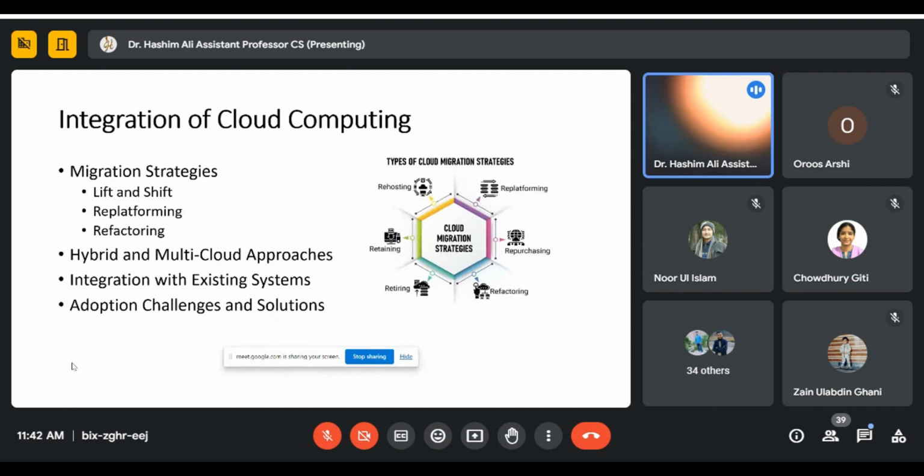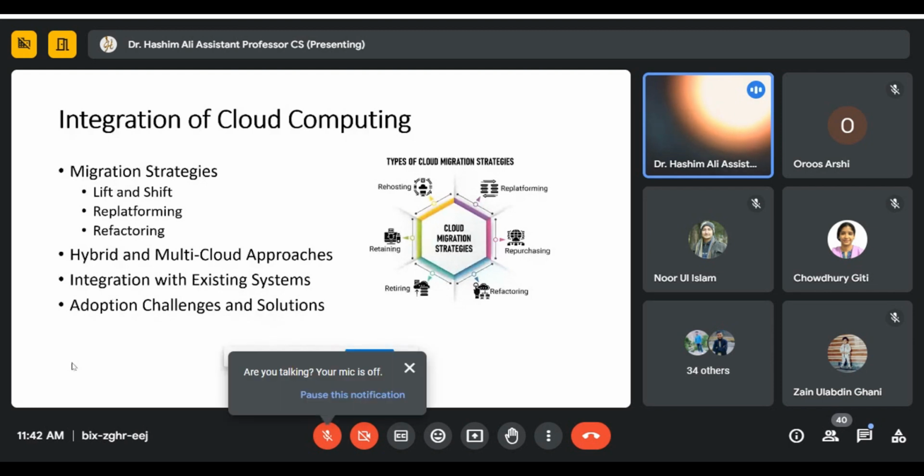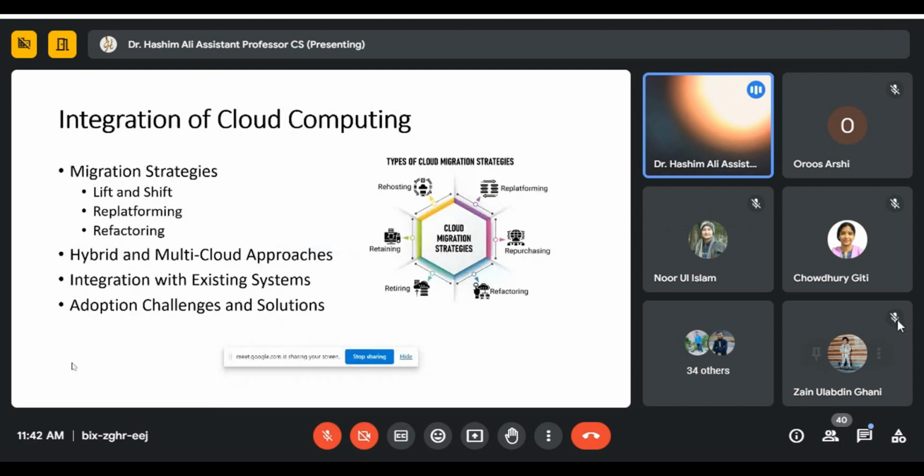Or we can refactor or replatform in terms of the architecture, or we can repurchase a particular resource, because our task or job requires that resource for more time, so we go for repurchasing. This allows you to implement cloud migration strategies so that we can achieve maximum performance and efficiency by integrating the cloud computing scenario.